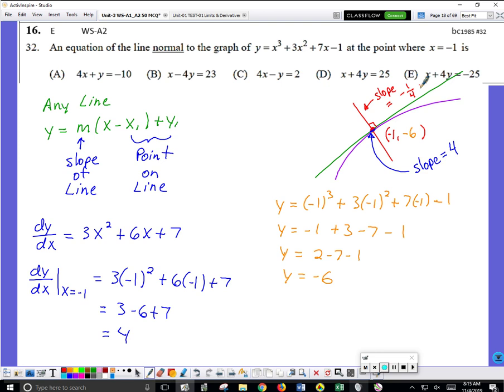So if one line has a slope of -2/5, the other line will have a slope of 5/2. One line has a slope of -4, the other will have a slope of 1/4. So these are how perpendicular lines are related to each other. So, 2 points.